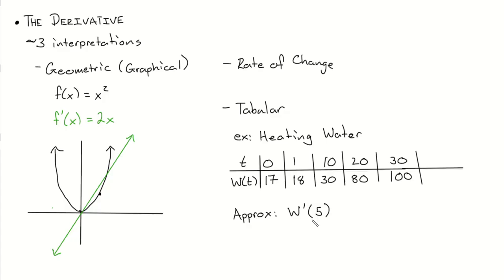Nobody can continuously write down and measure and look and do all that at the same time. Do you think there might be a function that we could use to predict the temperature at some point? Absolutely. First thing that I care about is, if this is time and this is the water temperature at time t, what is W prime telling me?